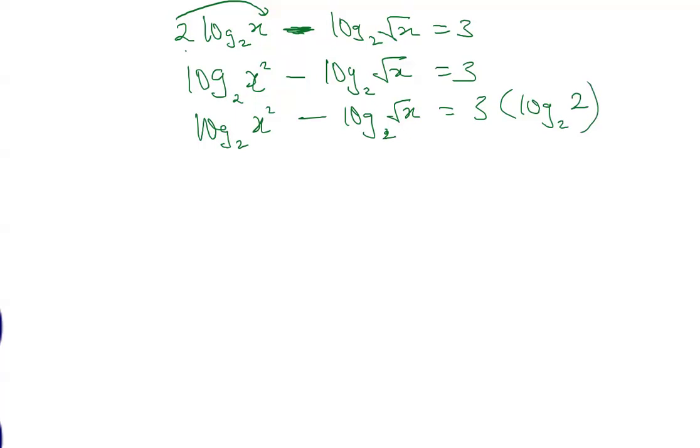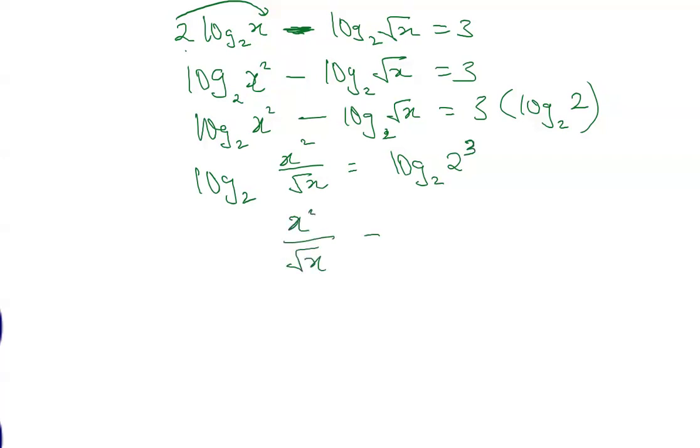So since all of them now have log 2, you now put it this way: log 2 x squared, because it's minus, it's going to be x squared over root x equals log 2 cube. Then x squared over root x equals 8. Then x to the 3 over 2 equals 8. x equals 8 to the 2 over 3. x equals 4. That's it.